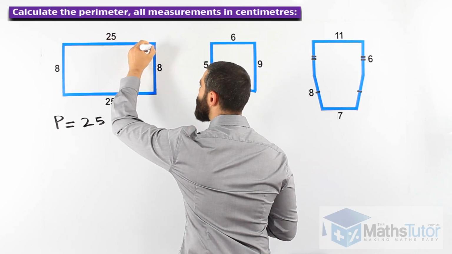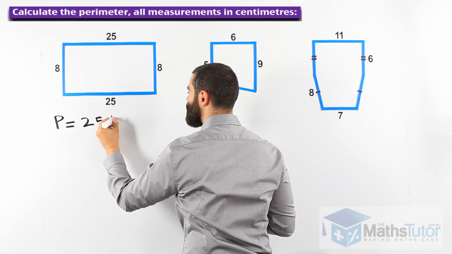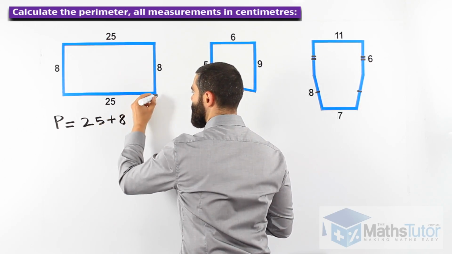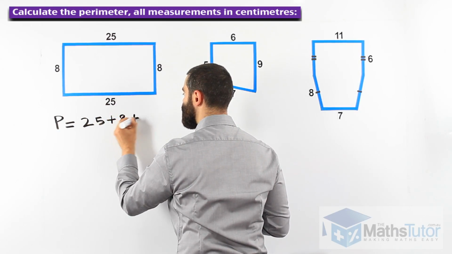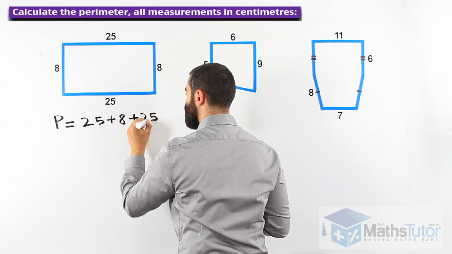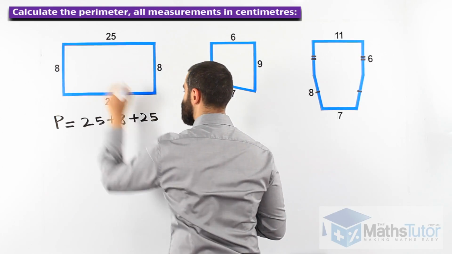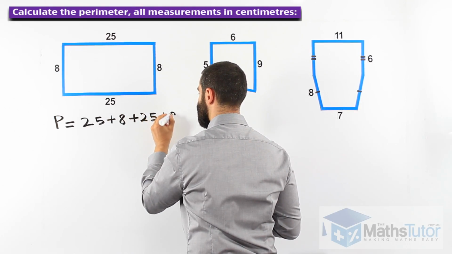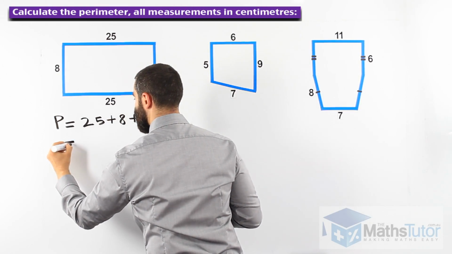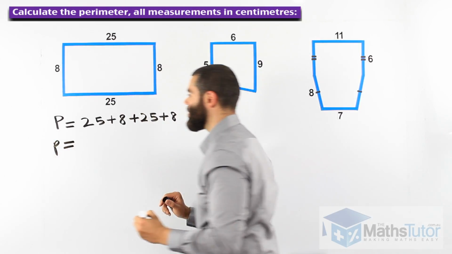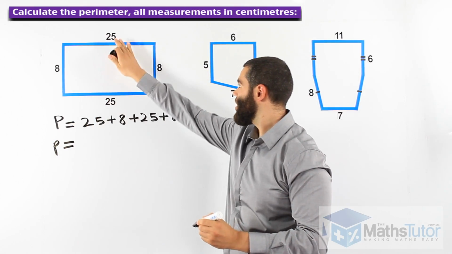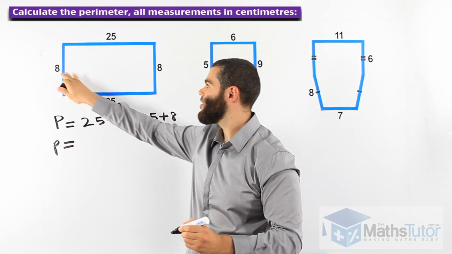We start with 25 plus 8 plus 25 plus 8. We work down the page all the time. P equals 25 plus 8 plus 25 plus 8.